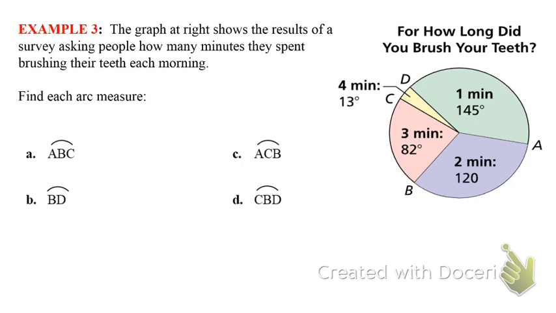So we can use our knowledge of arcs and central angles to find arc measures even from pie charts. The example at right shows the results of a survey asking people how many minutes they spent brushing their teeth each morning. So if I want to find arc ABC, ABC goes this way.